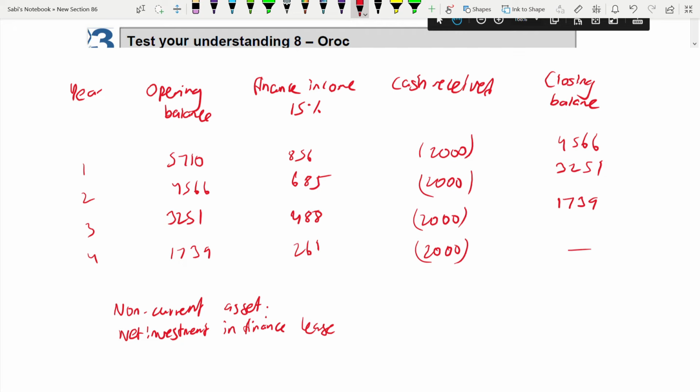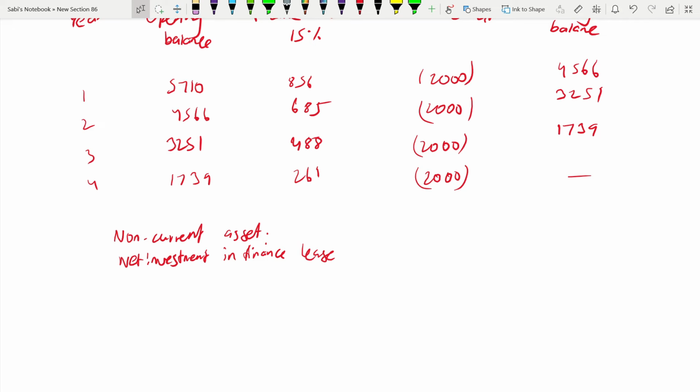See the, okay, first you have to find for the current asset. Wait a minute, there's a working here. Current asset. Okay, net investment. These are extracts from statement of financial position in FL, finance lease. Okay, there's a working for it.